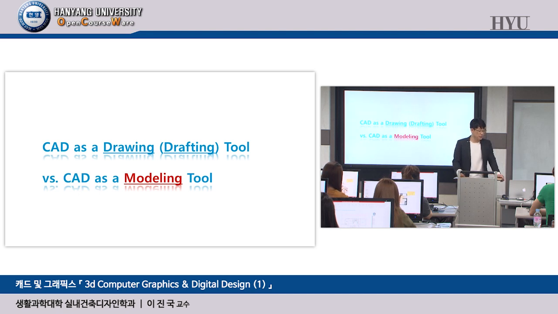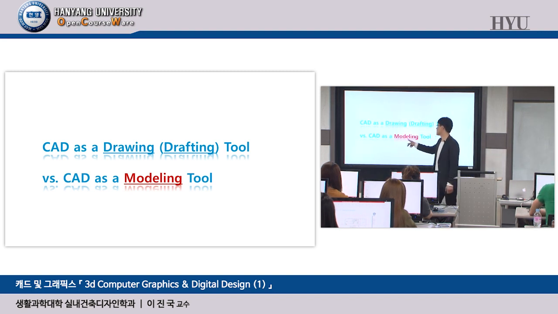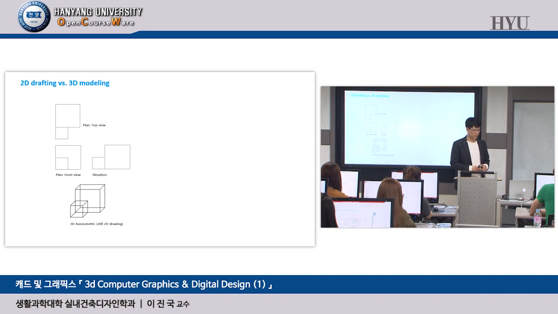Let's take a look, CAD as a drawing tool versus CAD as a modeling tool, okay? I told you, drawing and drafting, they are equivalent, okay? But how about modeling? We reviewed that this approach is the conventional, 2D-based representation.